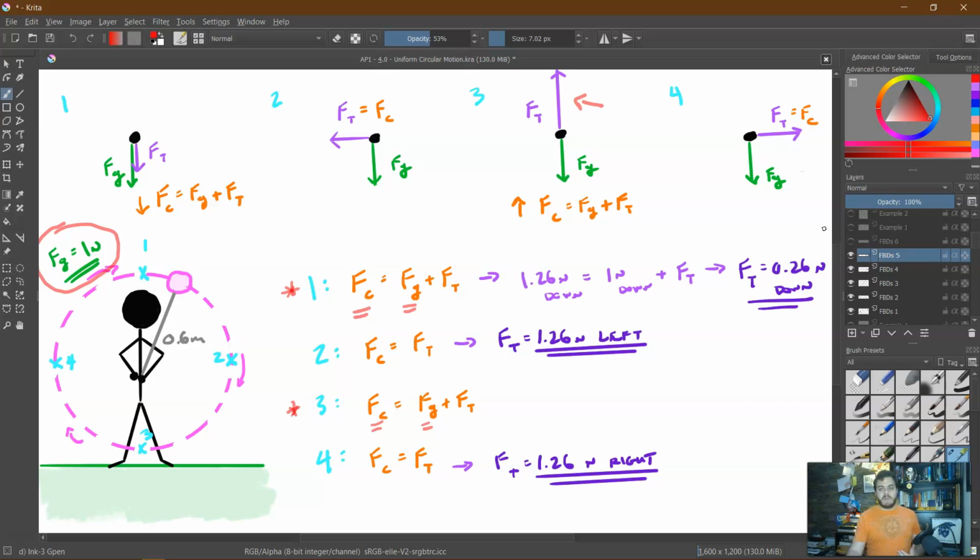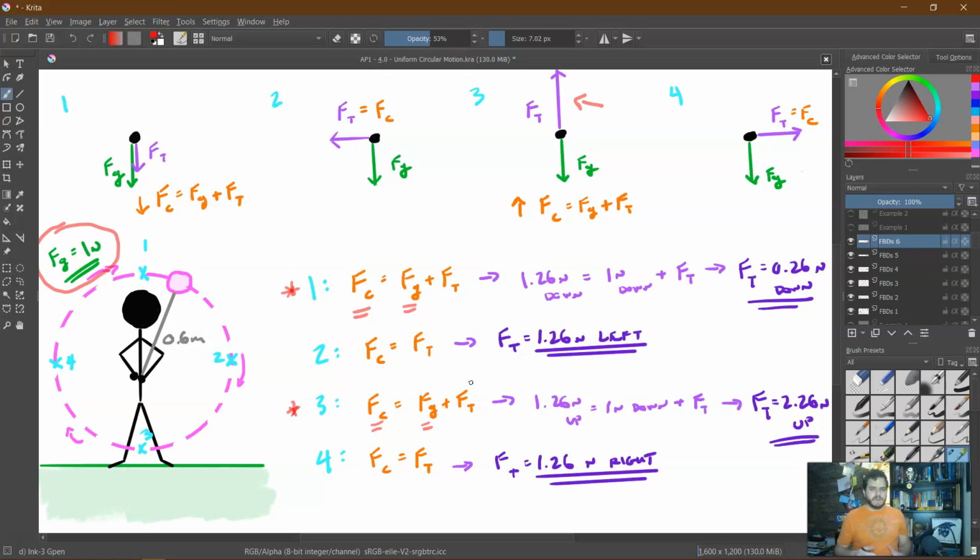And similarly, if I look at the other one, the centripetal force at point 3 is up, towards the center, so it would be 1.26 newtons up. The gravitational force is 1 newton down. So what would tension have to be? Well, not only does it have to be 1.26 up, but it has to overcome that 1 newton down, so it's actually going to be 2.26 newtons up.